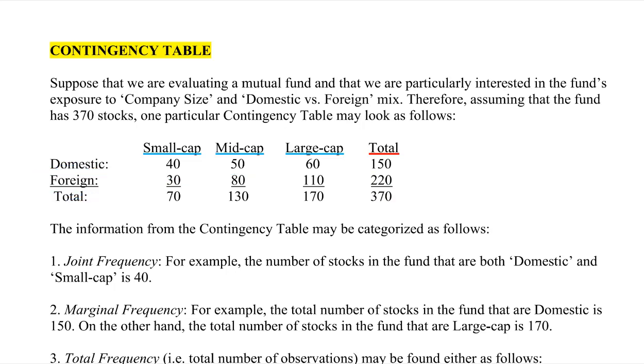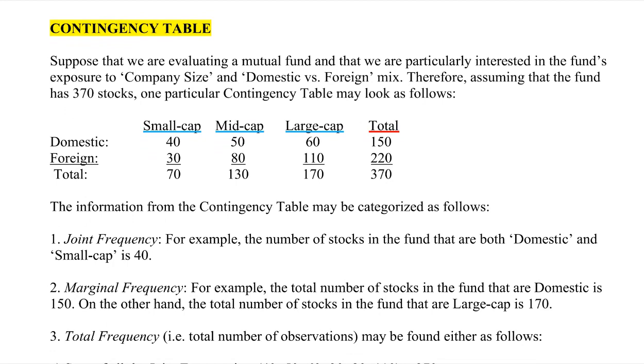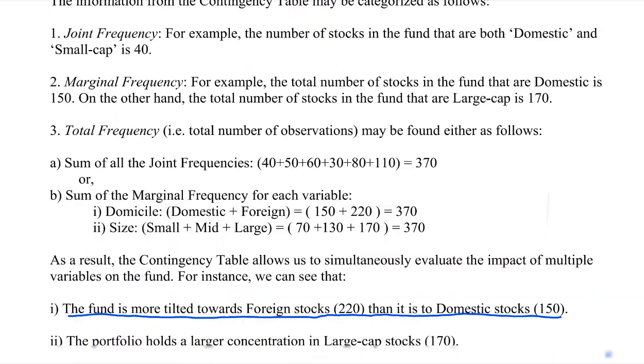What else does this contingency table reveal? Well, we've taken care of domestic and foreign. We know it's mostly foreign exposure. How about company size? Well, 70 are small cap, 130 mid cap, 170 large cap. So you could see that this portfolio is more dominated by large caps.